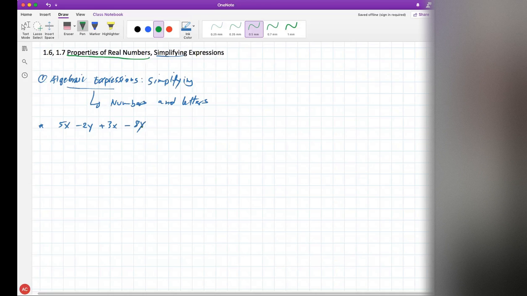For example, here, what can we combine together in order to simplify this? The 5x and 3x. That's right. You can write them next to each other first. Next to it, we can write the other term.